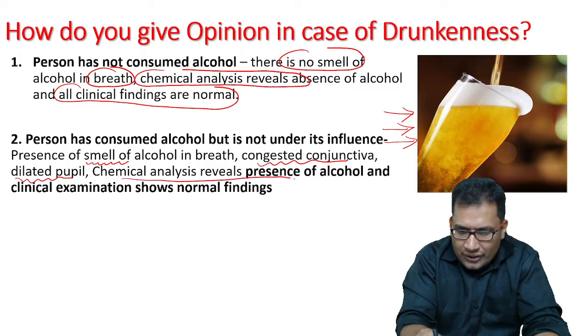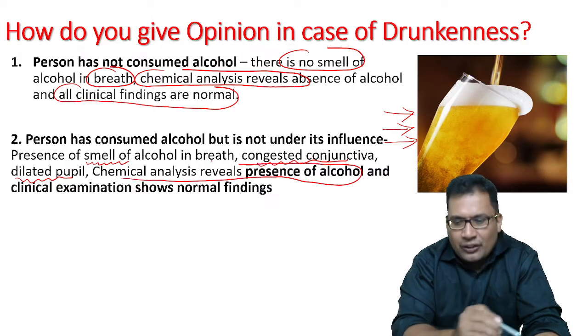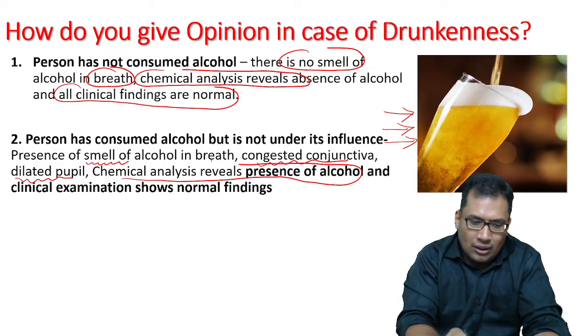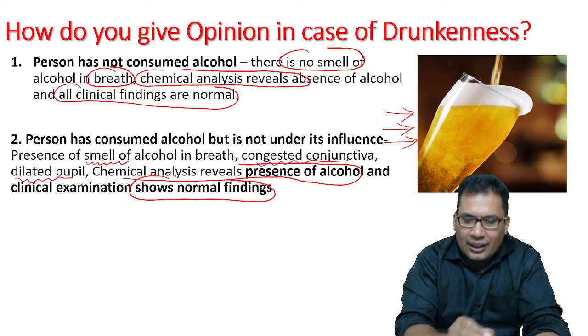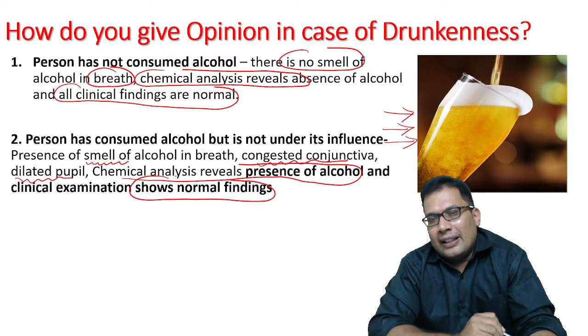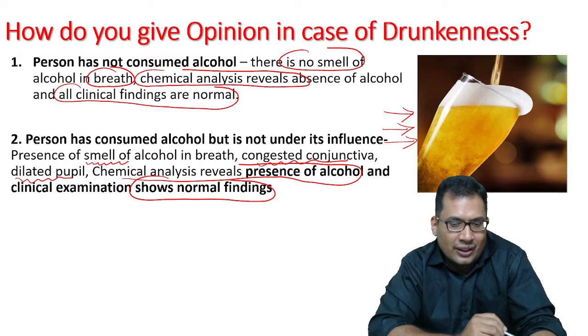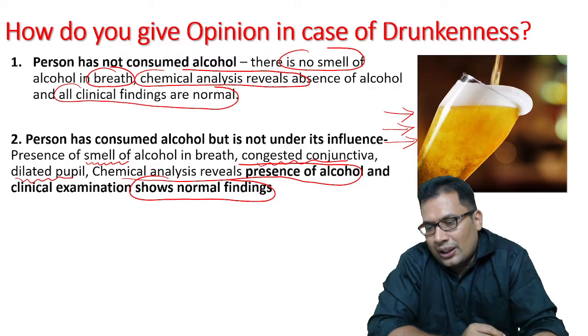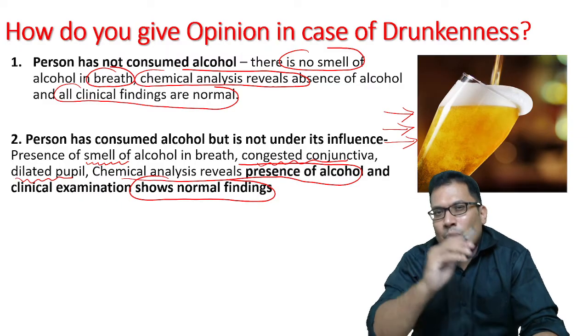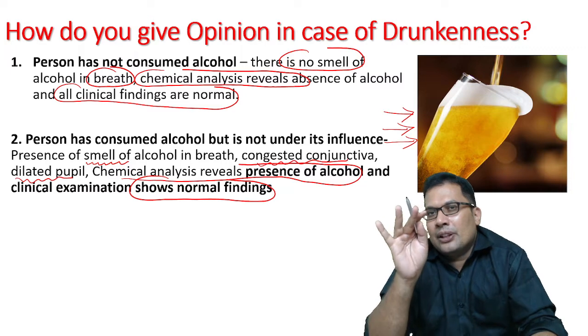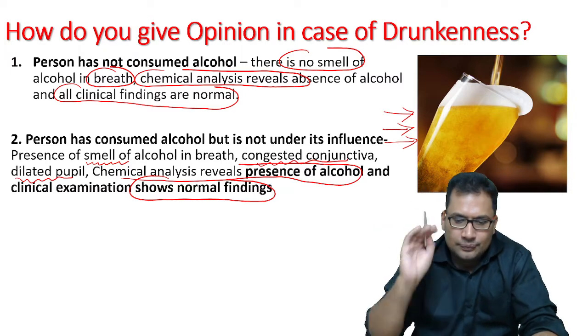Chemical analysis reveals presence of alcohol, but clinical examination shows normal findings. Normal it is, not under the influence. In that case, consumed but not under influence. So it is all based on the clinical examination.